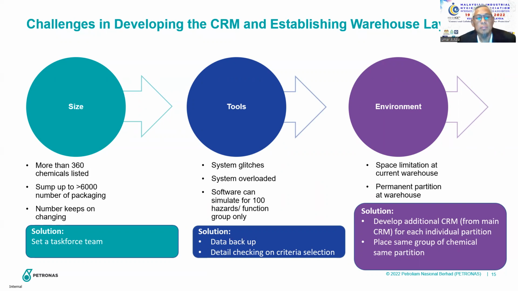This can sum up to more than 6,000 different packagings of various sizes, from small cans, pails, drums, bags, jumbo bags, boxes, up to ISO tanks.